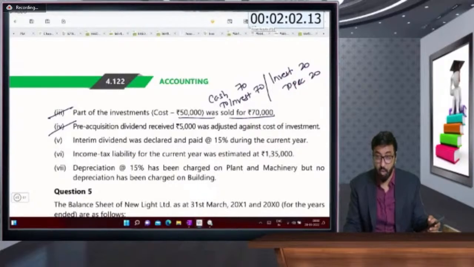Pre-acquisition, that is a cutoff date. We do not have shares on the cutoff date. That is the logic behind pre-acquisition dividend. Yes, tell me the entry. Now it's time to tell me the remaining entries.